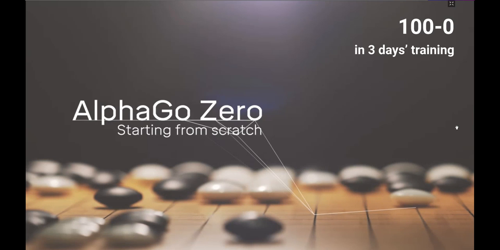Right, so as I was saying, after AlphaGo, Google developed AlphaGo Zero, which was not trained on videos of humans playing against humans. Instead, it was taught the rules of the game, or in other words, the rules of the game were coded into the system, and it started playing against itself.